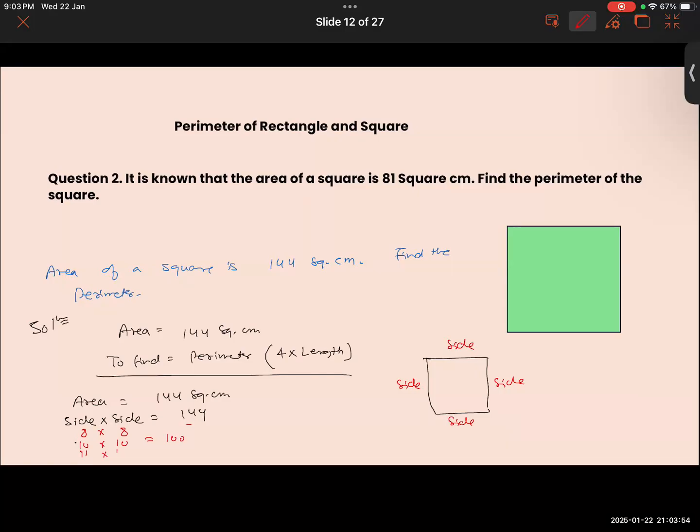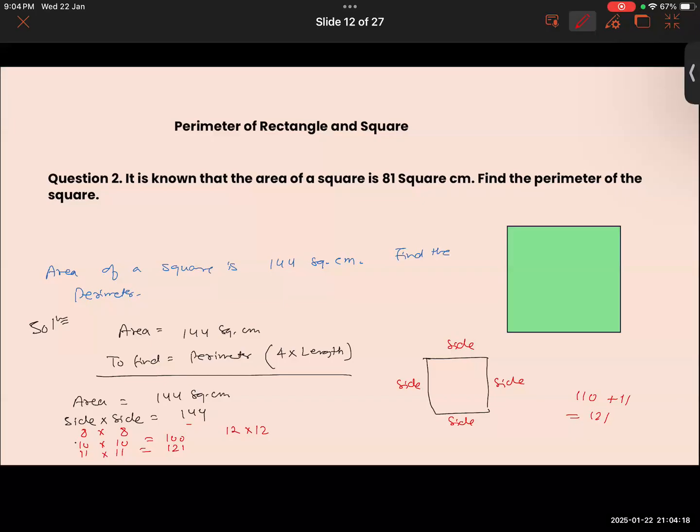What is 11 times 11, Habib? 11 times 11. 110 plus 11, that is 121. Still we are not getting the answer, no? What about 12 multiplied by 12?